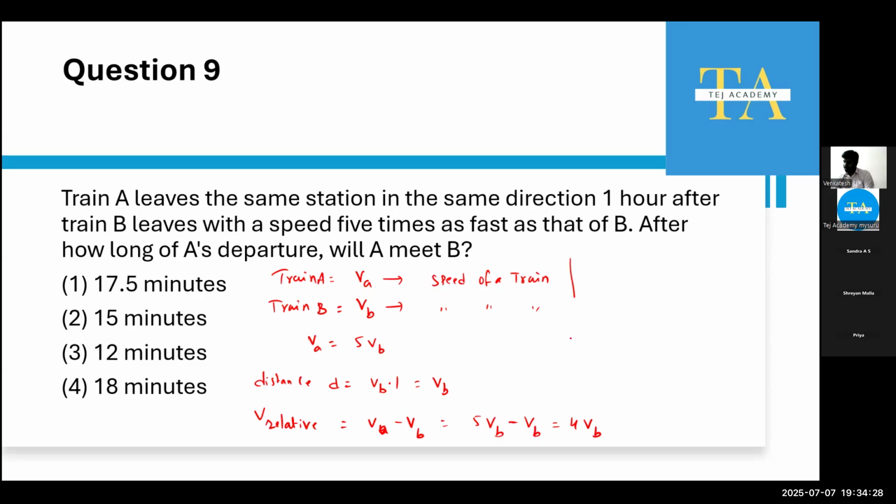Now to calculate the time, time is equal to distance by speed. So distance by V relative, that is the speed.